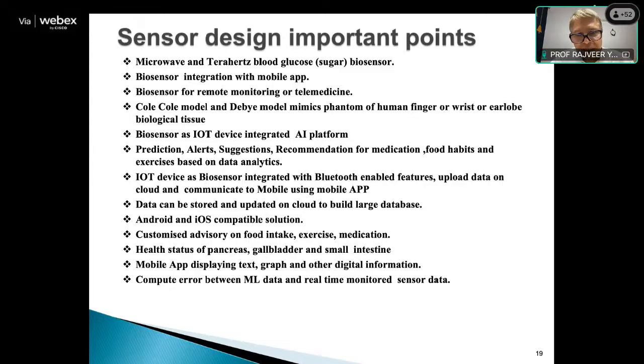The person who has the sensor with the ML model will be informed based on customized solutions. So that is the advantage of integrating the sensor with the ML model.